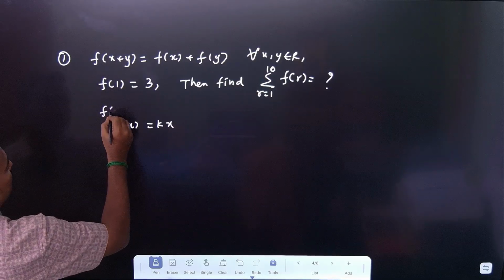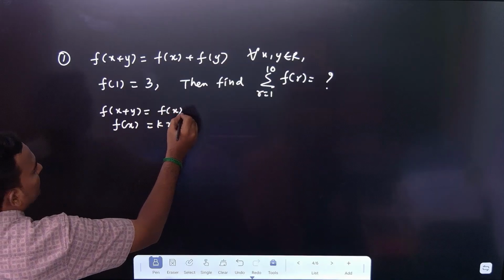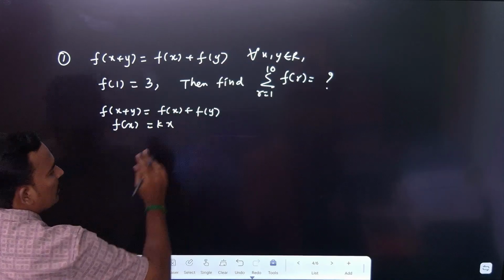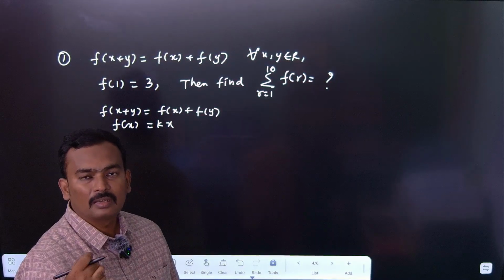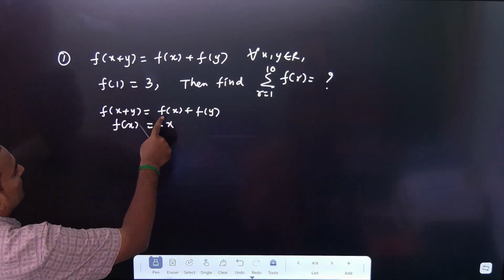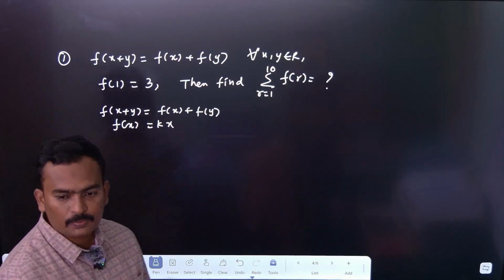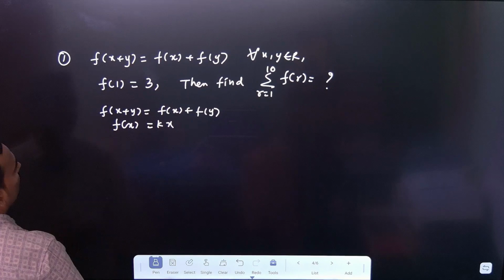So if it satisfies the condition f of x plus y is equal to f of x plus f of y, which one is satisfied? We already discussed that. The first property, right? The functional equation f of x plus y is equal to f of x plus f of y. So that is the linear function kx, right?